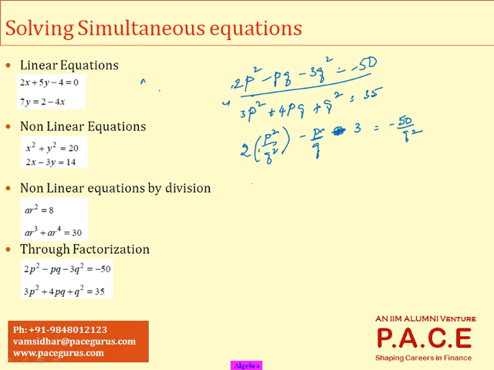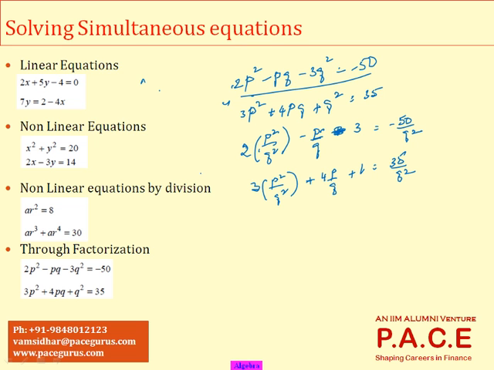Similarly, divide the other one also. So 3 into p squared by q squared plus 4p by q plus 1 equal to 35 by q squared.